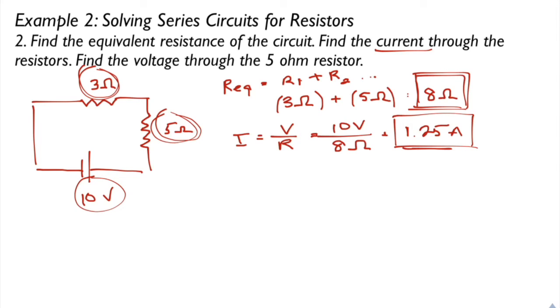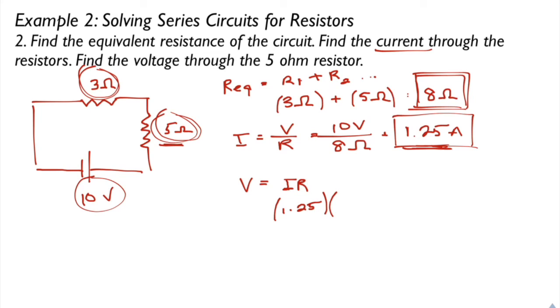So now if we want to find the voltage through the 5 ohm resistor, we know that that will be different from the voltage through the 3 ohm resistor. So to calculate voltage, I'm going to use the current, which I know stays the same, and the resistance of the resistor in question. So the Ohm's law equation is V equals I times R. So current we know is 1.25.